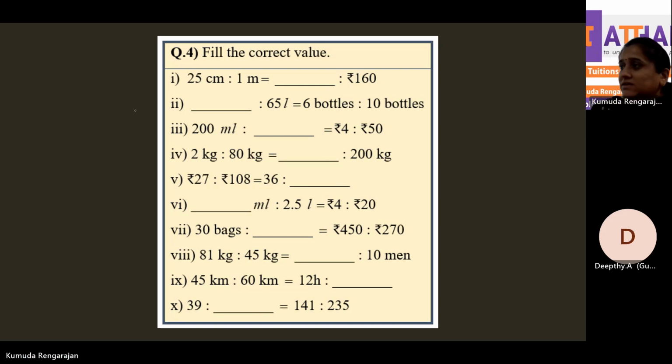So in the first one, the mean value is missing. So write product of means is equal to product of extremes. In the second one, extreme is missing. So product of extremes is equal to product of means. In the third one, means. So product of means is equal to product of extremes. Wherever is the missing value, write that first. Yeah. So I'll do maybe the.